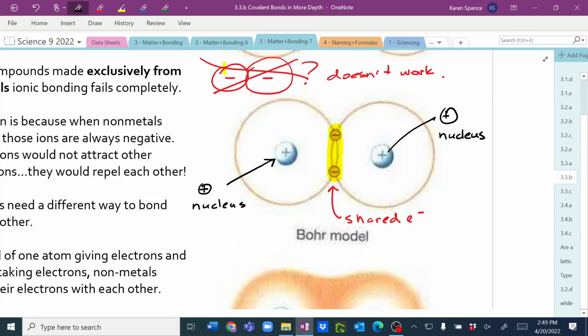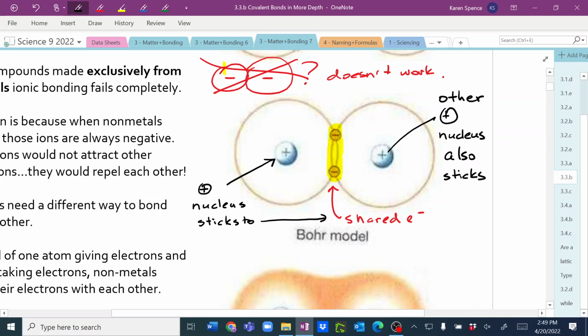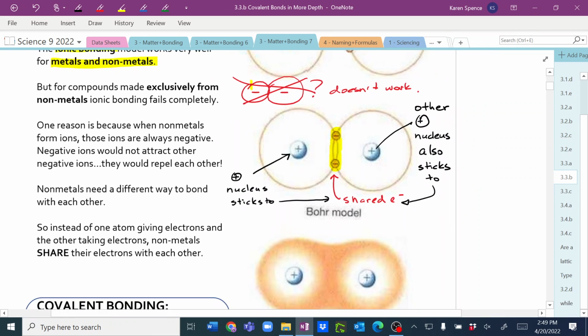The nucleus is sticking to the electrons, and the other nucleus is also sticking to the electrons. Okay, so the positive nucleus sticks to the shared electrons. The other positive nucleus also sticks to those shared electrons. That's the way we would show it with a Bohr model.